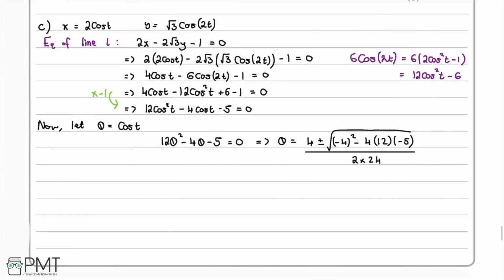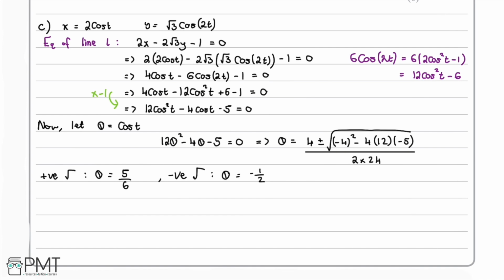Putting this into our calculator, the positive square root gives us that theta is equal to 5 over 6, and for the negative square root, theta is equal to negative a half.